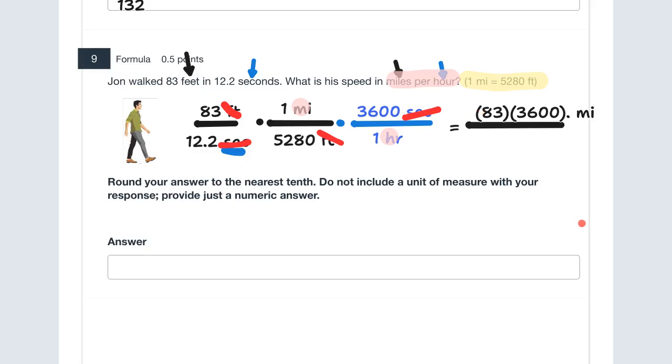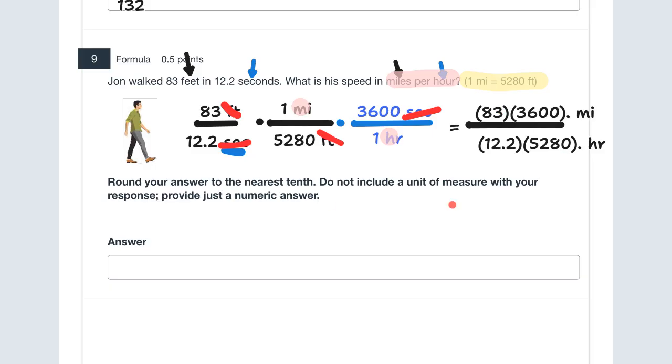And then the bottom, I have 12.2 and 5280 and hours. So when we do this, I have to make sure I multiply the numbers in the top and divide by the numbers in the bottom.